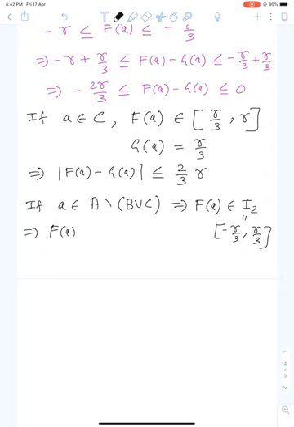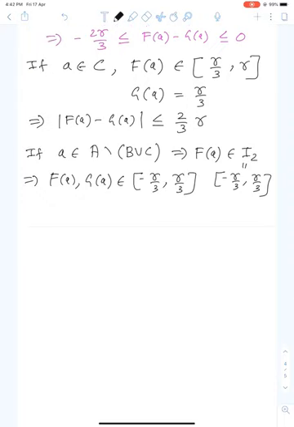So f of a comma g of a belongs to that interval minus r by 3 comma r by 3, right? So their difference will be the diameter of this set, that is the length of this set. So that implies mod of f of a minus g of a less than or equal to 2 by 3 into r. So we are done. So step 1 is done.